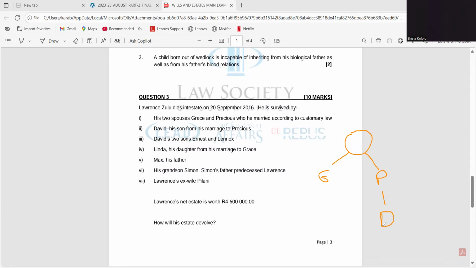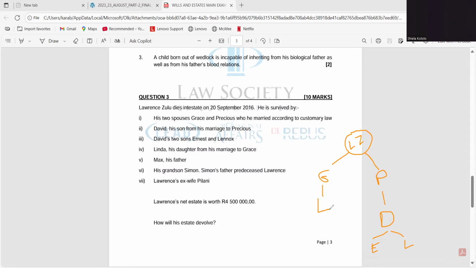And then it says David's two sons, Ernest and Lennox. So David's got two sons, Ernest and Lennox. Let's say LZ, this is our deceased person. And then Linda, his daughter from his marriage to Grace. So Grace has a daughter named Linda.